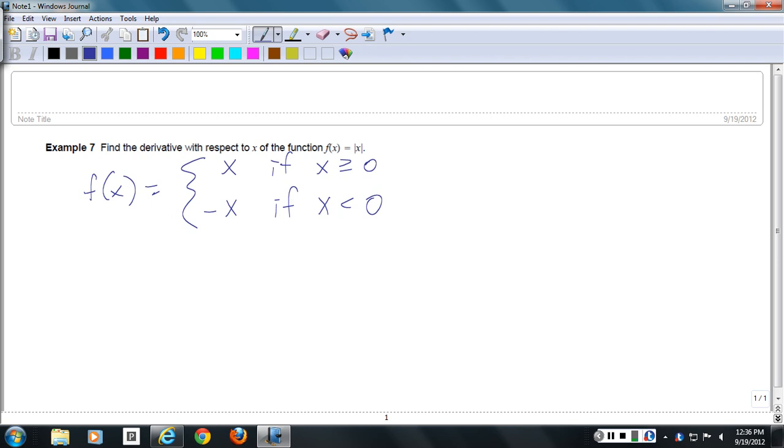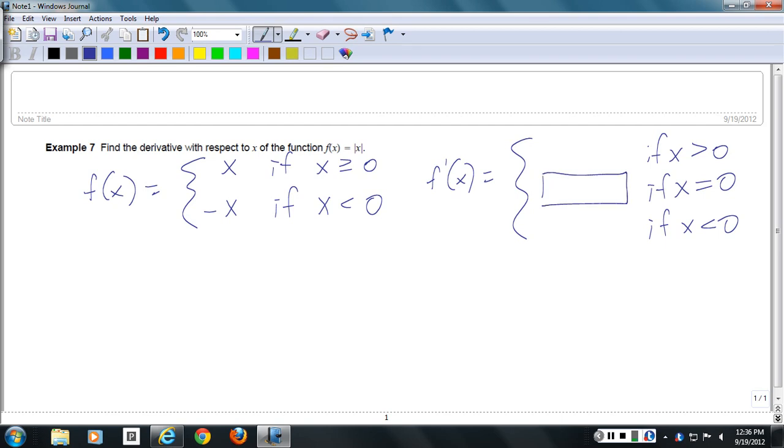So we really don't have to work too hard to come up with the derivatives of these linear expressions. F prime of x equals something if x is greater than 0, something else if x is less than 0, and if x is equal to 0, that's going to be left for us to figure out.